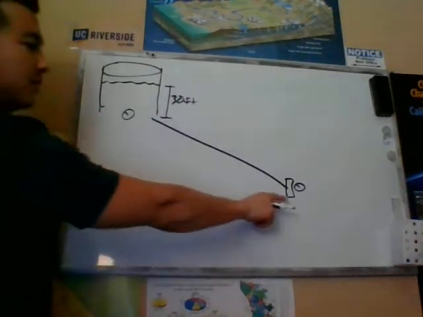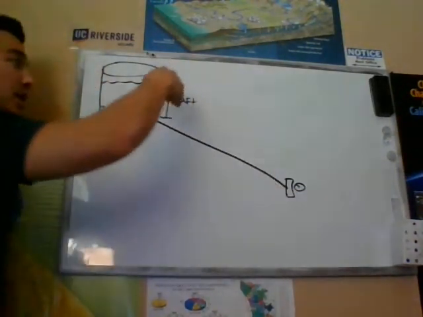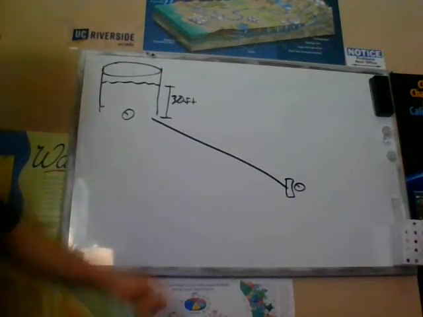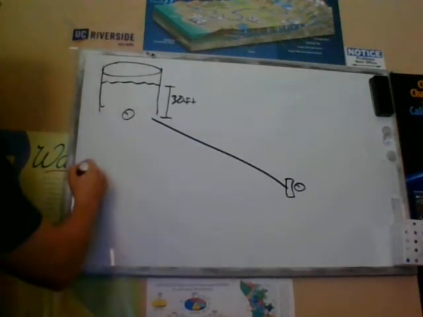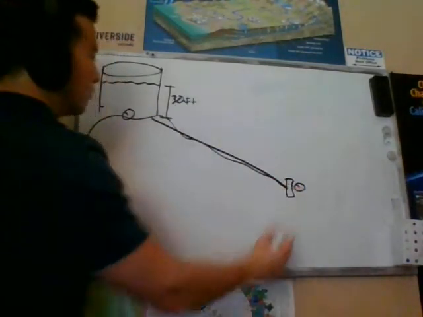Now, the reason I drew this fire hydrant like this is because it is actually located lower in elevation, lower in height than this reservoir. Think of the reservoir as being on top of some hill, and then this hill is going to run this way.